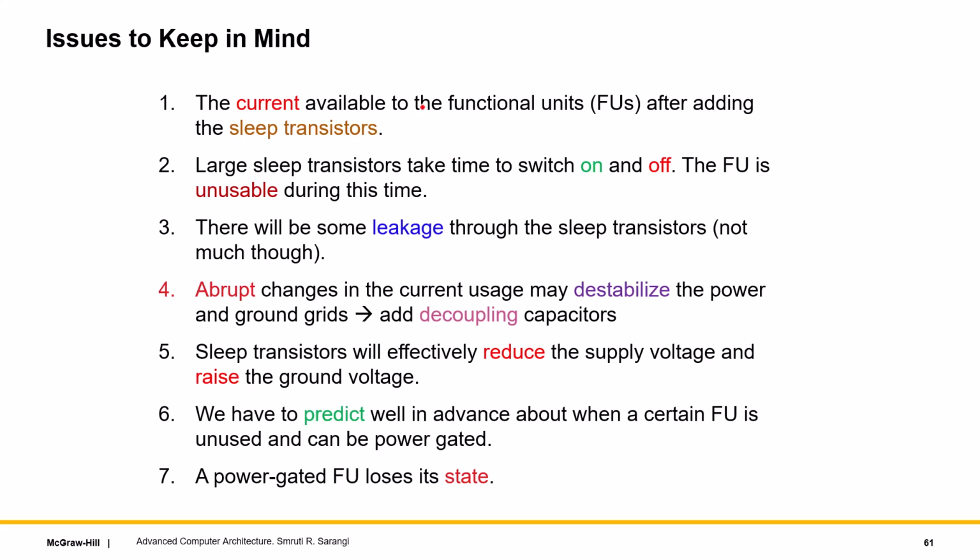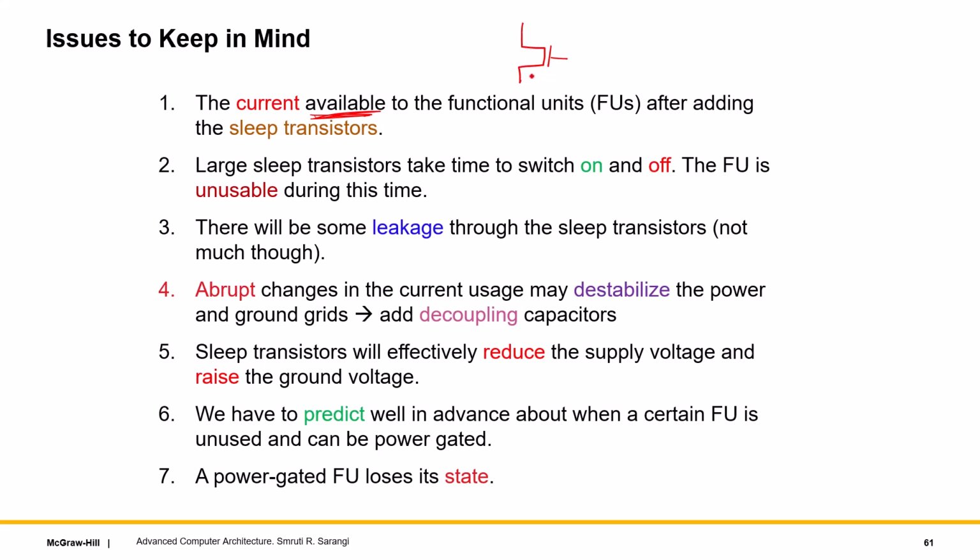So the idea is that the current that is being sent to these functional units should not reduce. Because the transistor itself would have a certain current carrying capacity, it would have a resistance.